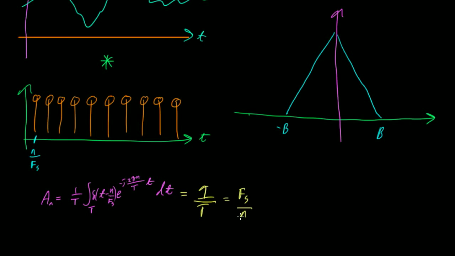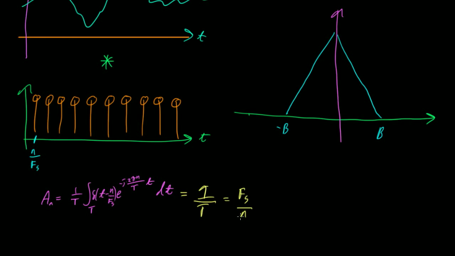I'm sampling with some frequency, who cares what it is. It means that every n over fs seconds, I get a new sample. For the first sample, when does that happen?